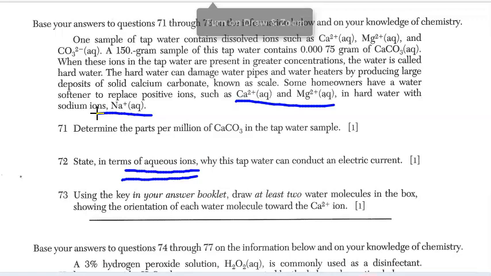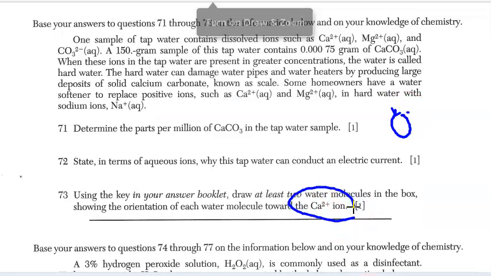They show you the water molecule, literally a circle with two dots. So this is the water molecule that you're given. And you have a calcium ion, literally just Ca plus 2 in a circle. You're supposed to line up two water molecules towards the calcium ion.